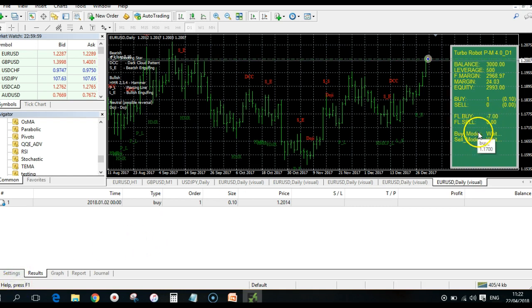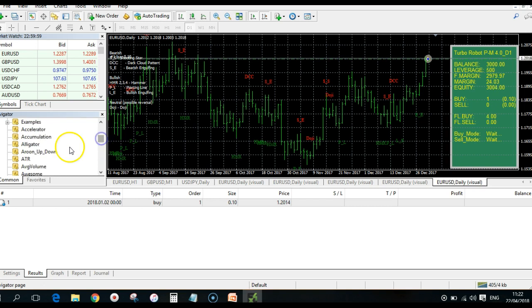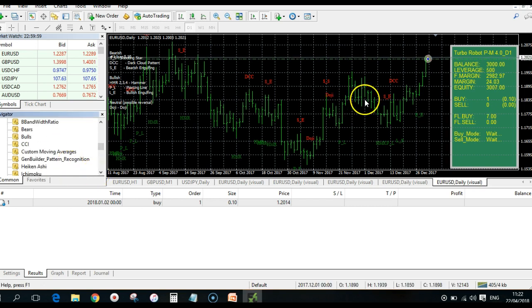By the way, this particular robot, Profit Maximizer 4.0, uses indicators. It does not straight away open a trade. It is based on a few indicators that we programmed, using an algorithm to match, and only then will it open the trade. All right, you can see that it is gaining.